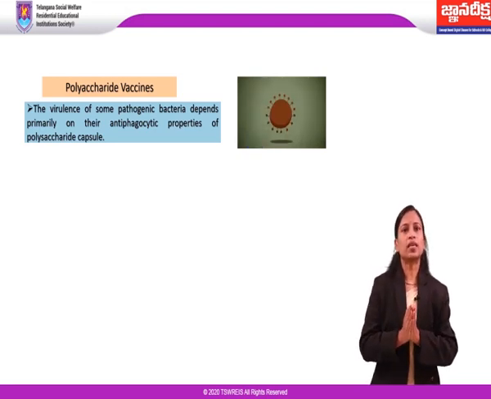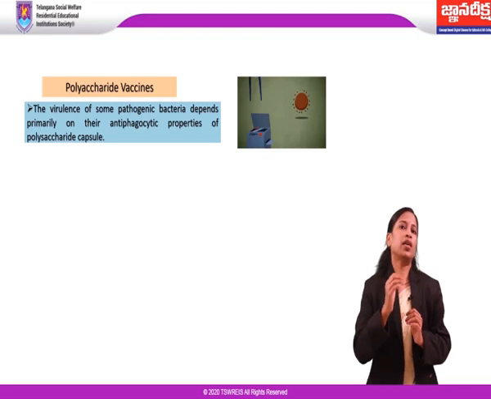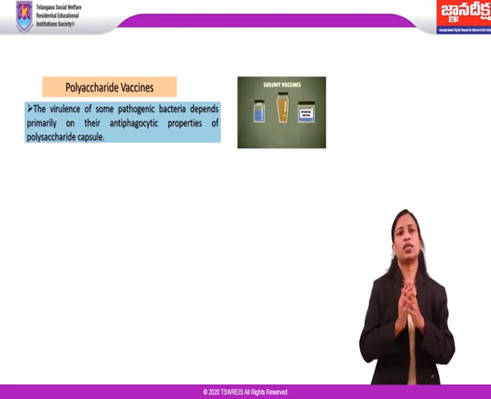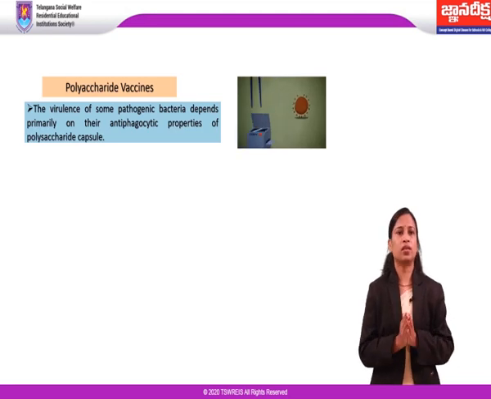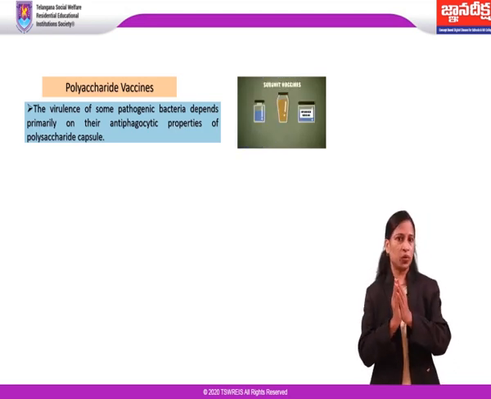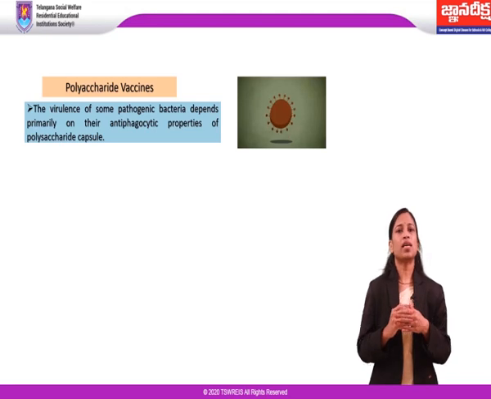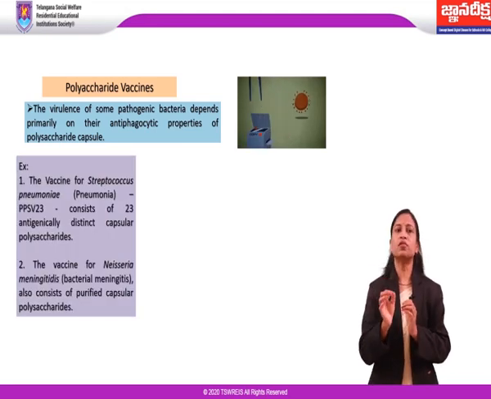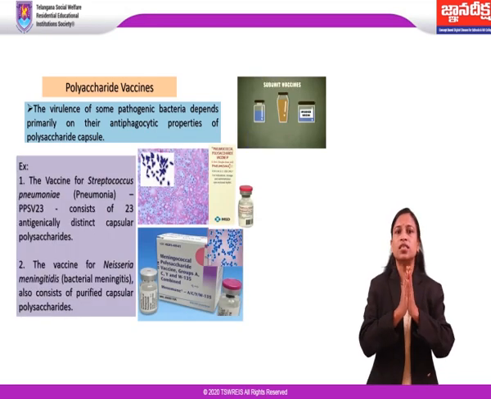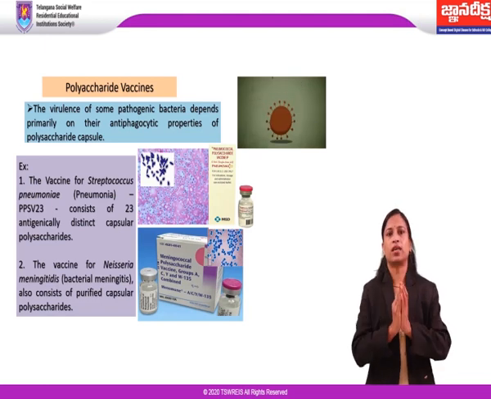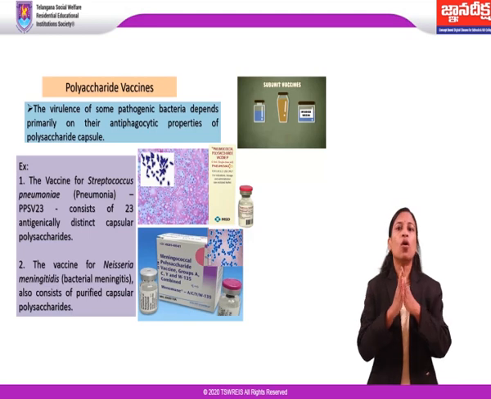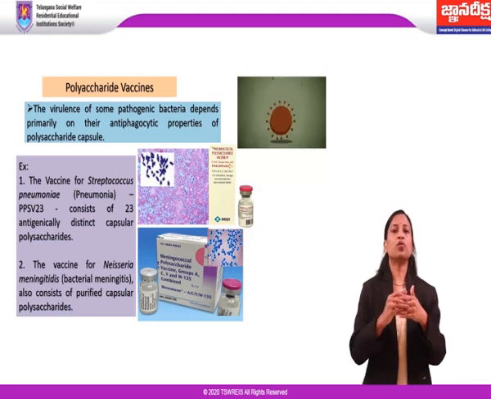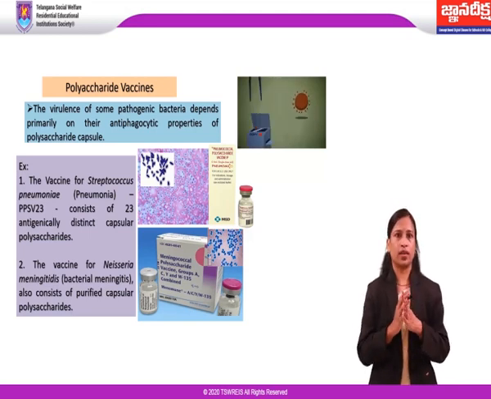Some pathogenic bacteria have a polysaccharide capsule around their cell wall, which is primarily responsible for virulence. The vaccine for Streptococcus pneumoniae, PPSV23, consists of 23 antigenically distinct capsular polysaccharides, and the Neisseria meningitidis vaccine also consists of purified capsular polysaccharides.